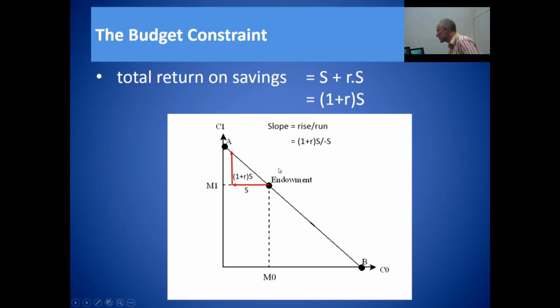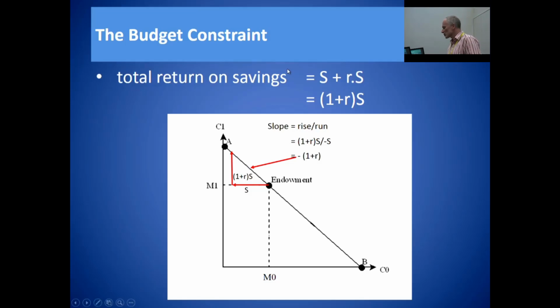You can see here, consumption is falling by that amount. Consumption falls by that amount, s, in the present. It goes up by that amount in the future. And so, you see these s's drop out, so the slope of that line is minus 1 plus r. That's the slope of our intertemporal budget constraint.